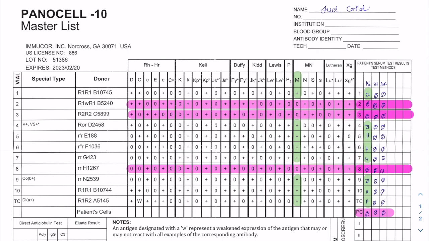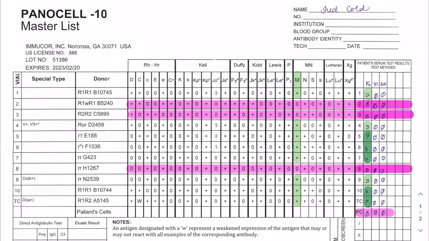We'll review the reactions here because you can see we have different strengths of reactions. I like to show you those. You can see we have 2+ and we have 1+, so I highlighted those 1+. And so this is a cold anti-M that we're looking at. And why are our reaction strengths different?